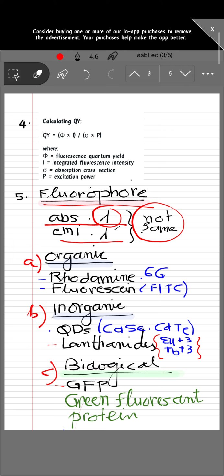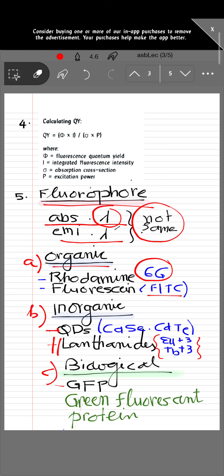The first one is the organic fluorophore. That is organic dyes, like rhodamine, 6G is one of the rhodamine types, and fluorescein, that is FITC. Then we have inorganic materials like the quantum dots that we have just discussed, and the lanthanides, Eu3+ and Tb3+.